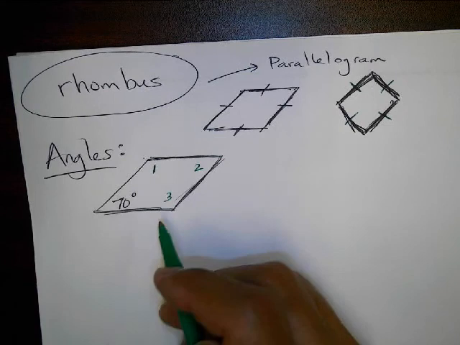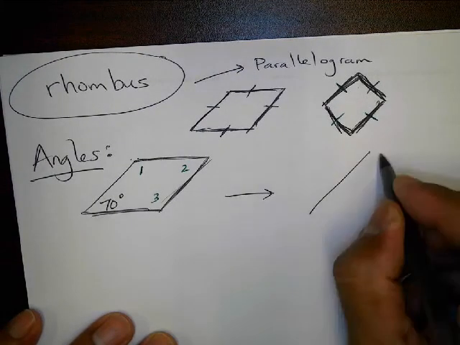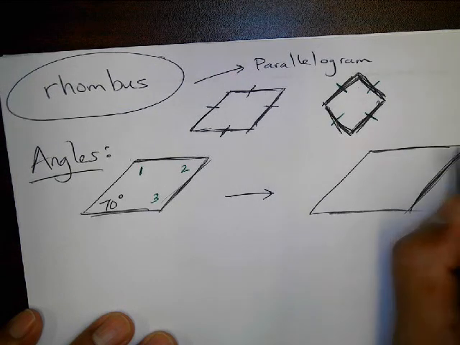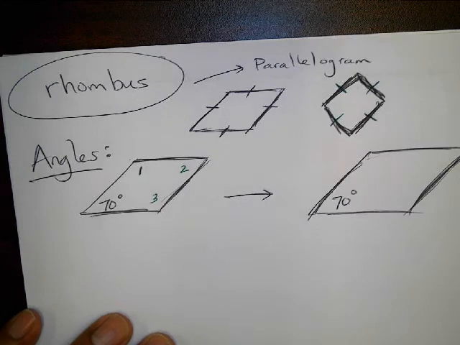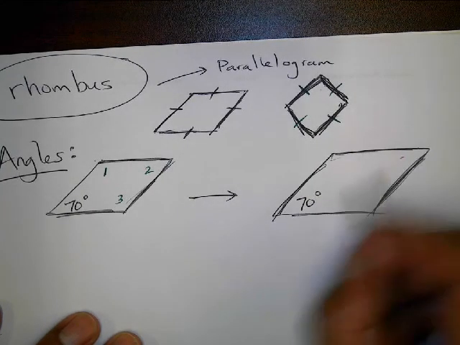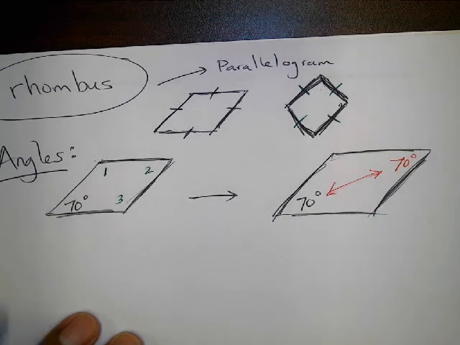If that's 70 degrees, then these opposite angles are still what? Congruent. The opposite angles are congruent. That means this one's also 70.